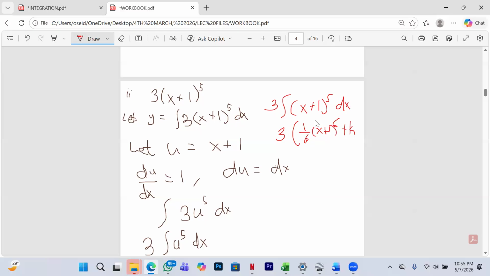So we are going to get 3 over 6 bracket x plus 1 exponent 6 plus k. You get it?